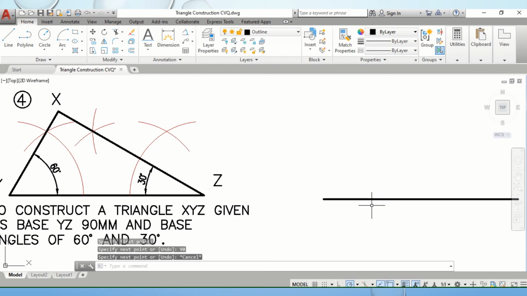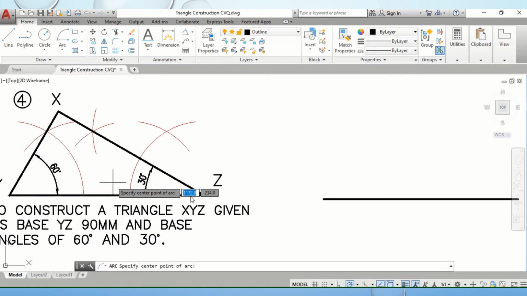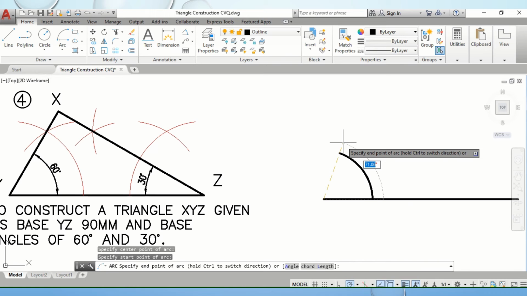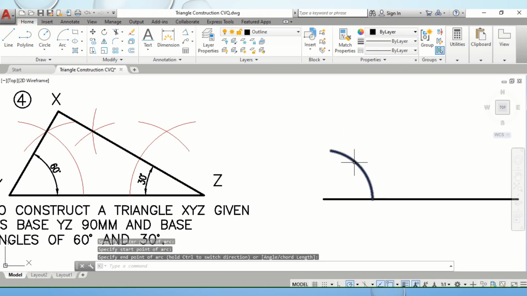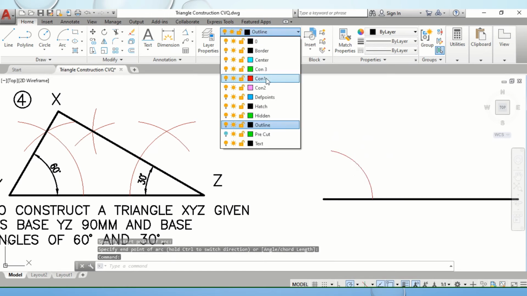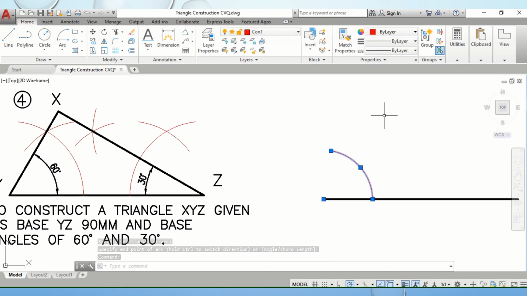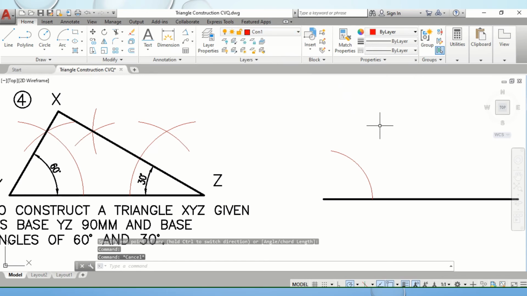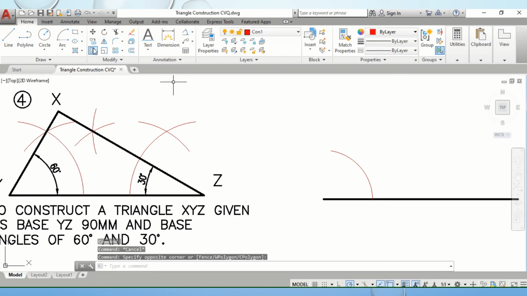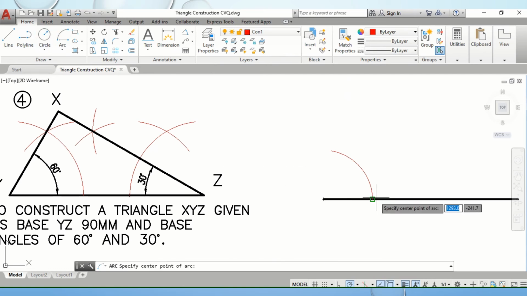Alright, so next we're going to construct our base angle of 60 degrees. Remember we're using center start end. Any convenient radius. I'm going to scribe an arc. Let me put this in a construction line. So we're going to repeat the process from our first arc.